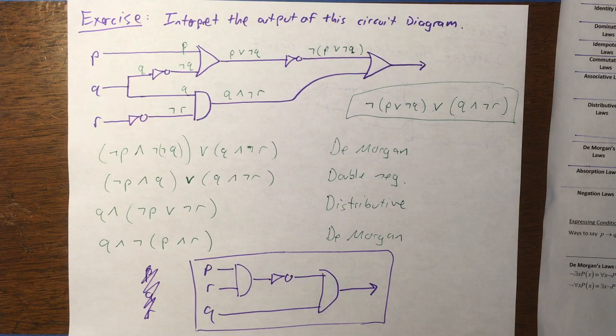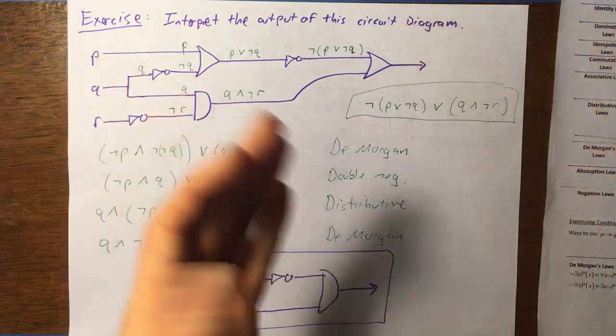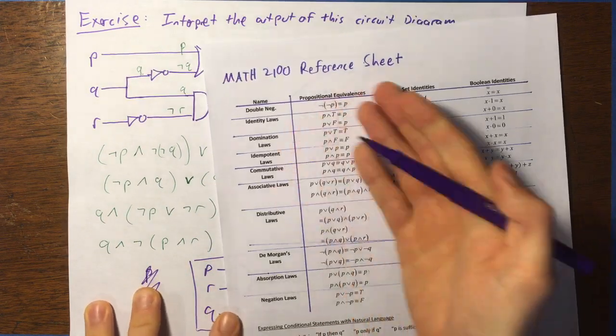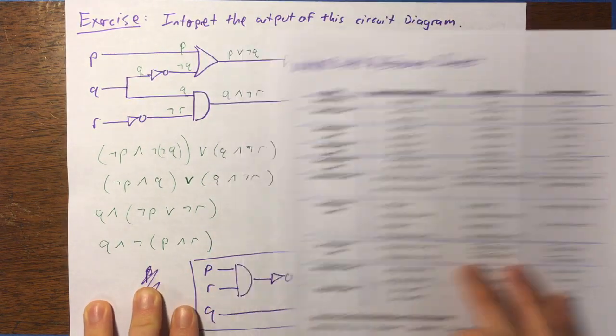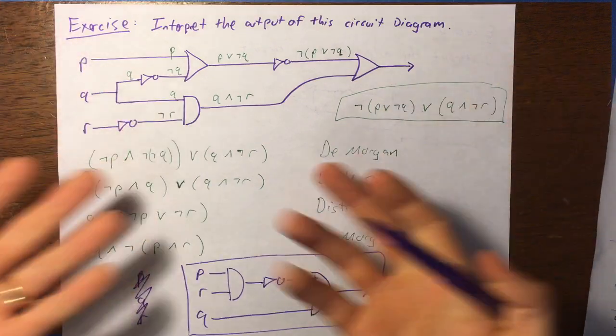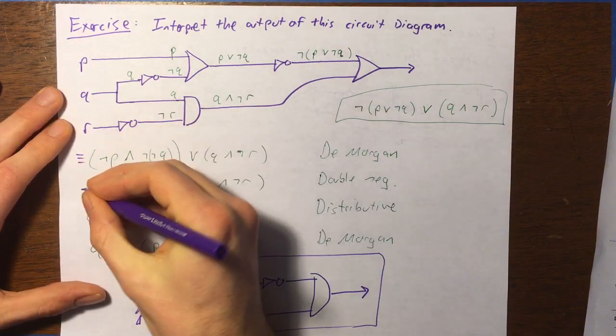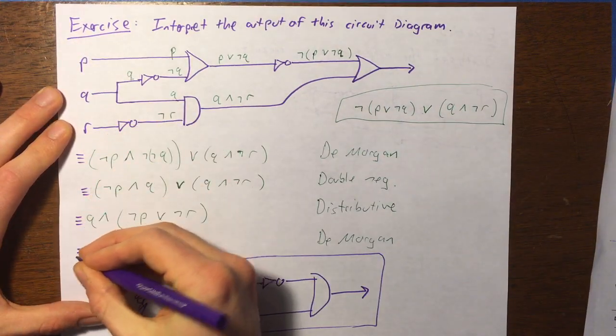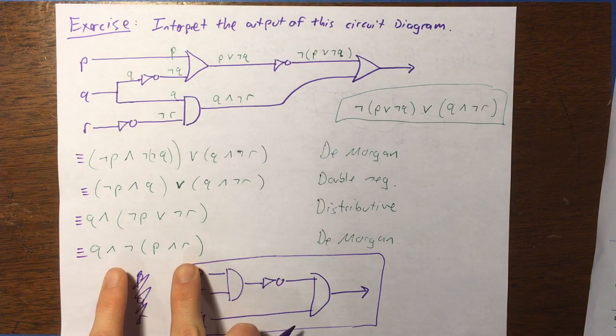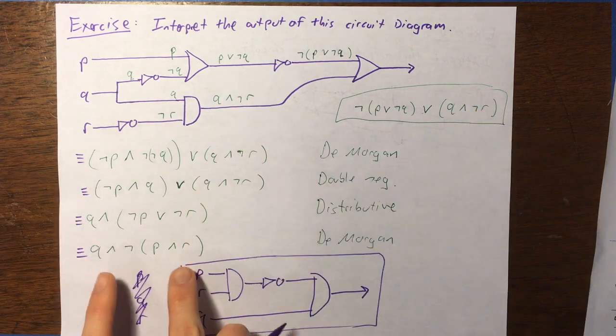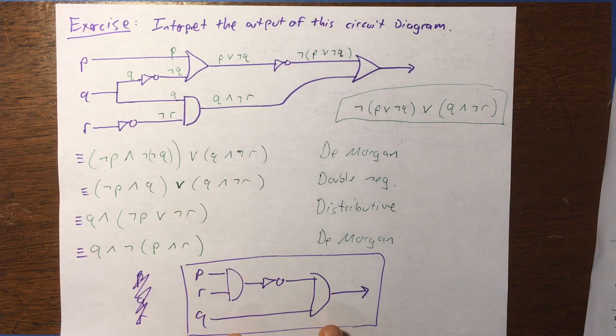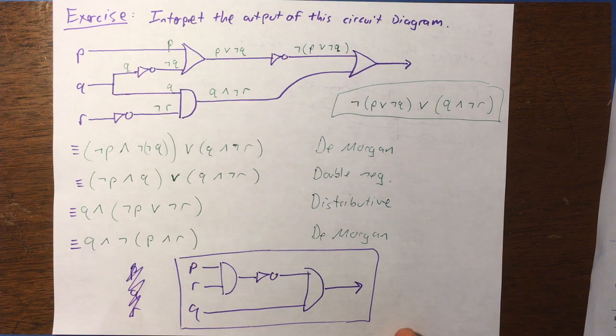So this demonstrates how you can take the rules of propositional equivalence and use them to essentially simplify algebraically, step by step, like this, to something which is a much simpler, smaller expression, which when you translate back into a circuit, gives us a smaller circuit.